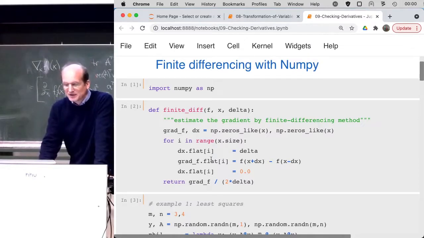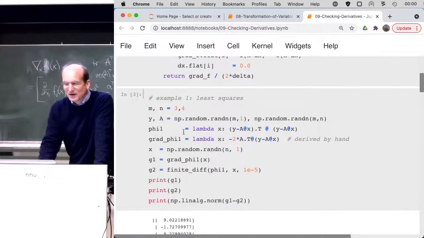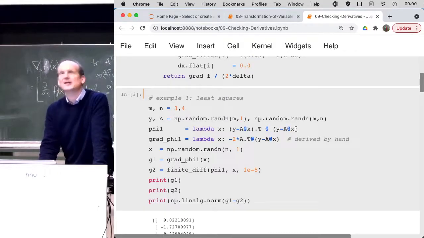This is the implementation from the slide. So this is the first example that we've seen. This is an implementation of the least squares example, where my phi, I call it phi1, is basically (y minus A x) transpose times (y minus A x). So this is just the least squares formula. Then I did some work on a sheet of paper and derived by hand this derivative, and I want to check that one.